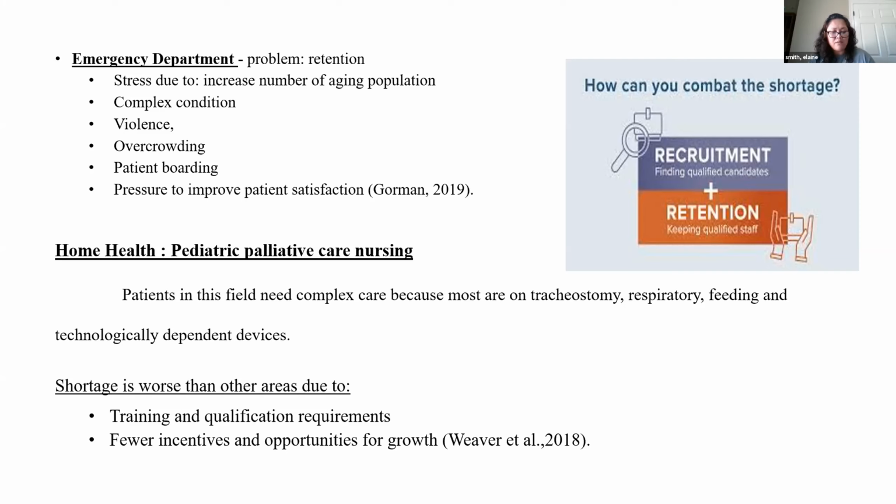The pediatric home nursing shortage is said to be worse compared to other areas of nursing. This is due to the training required and the qualifications nurses need in order to deal with the complexity of care that these pediatric patients need. Salary of home health nurses is comparable to inpatient nurses, except that they receive fewer incentives and opportunities for growth.